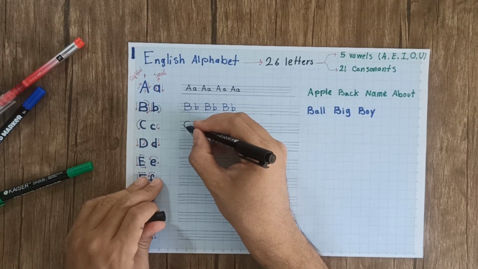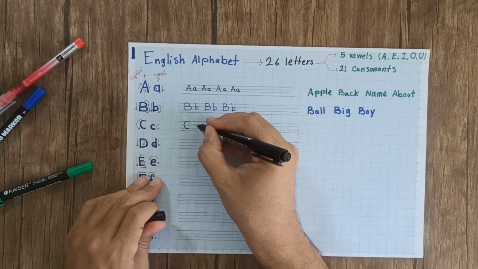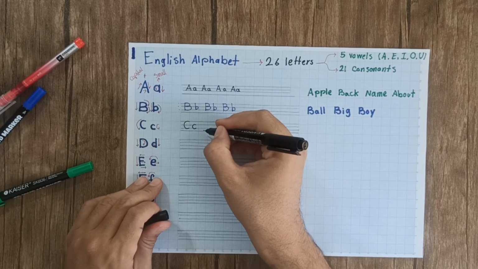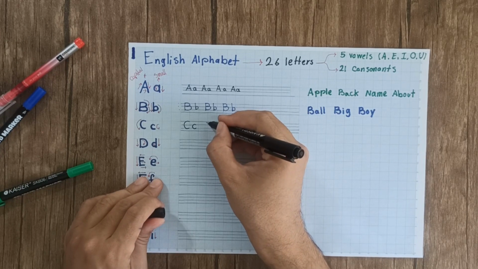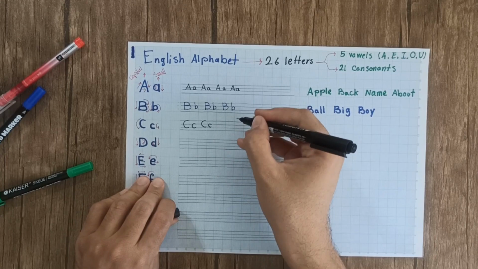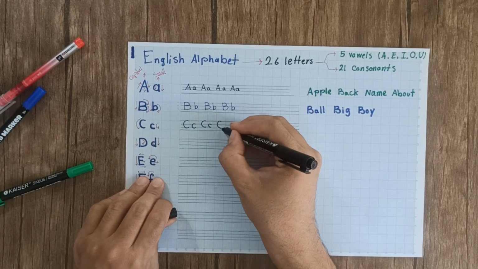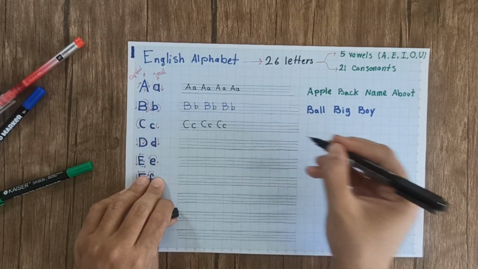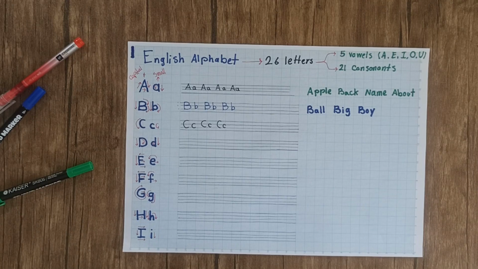So we have C this way, and we have C between the middle lines. Okay, this way. Let me do it again. C and C. Again, C and C, and you can do it some more.